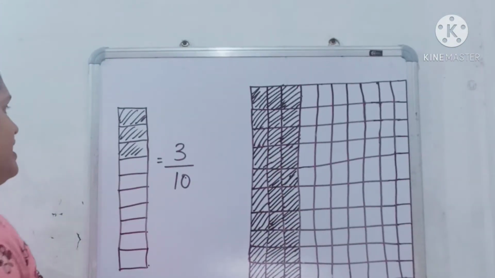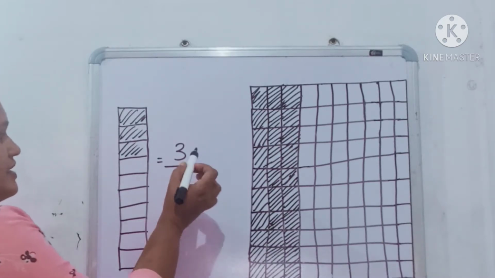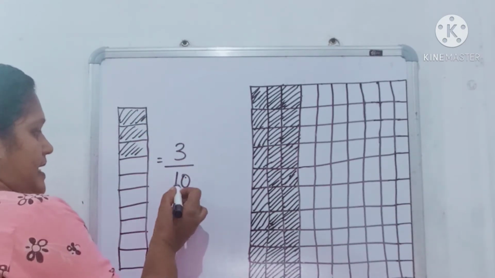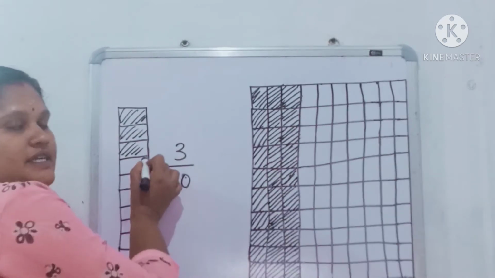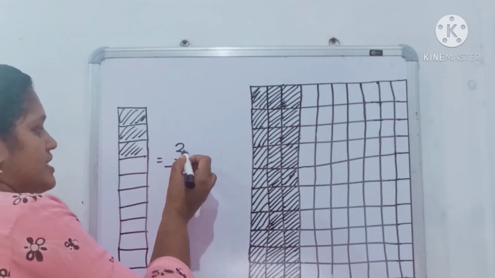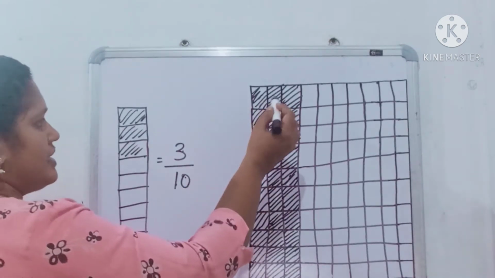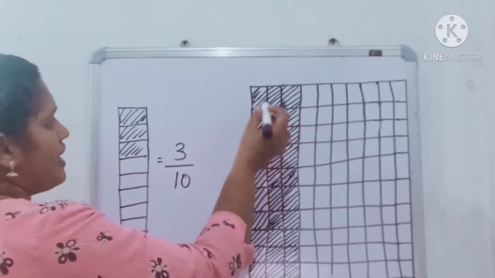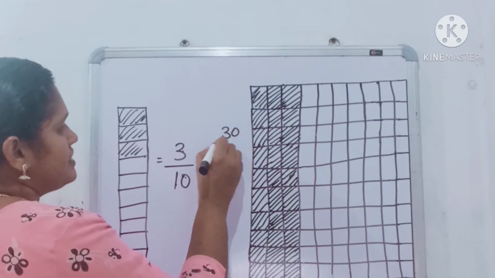Listen carefully. Next is equivalent decimals. What are equivalent decimals? Here total number of parts equals 10. Out of 10, 3 parts are shaded. So that decimal fraction is 3 by 10. Okay. Here total 100 parts. Out of 100 parts, 30 parts are shaded.